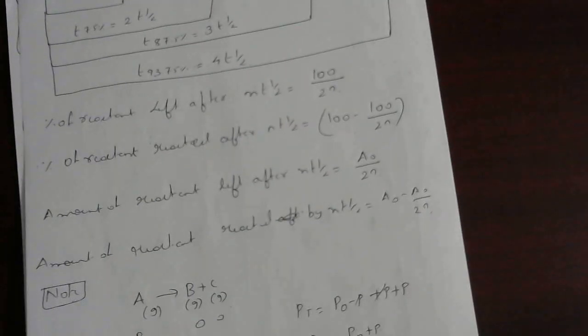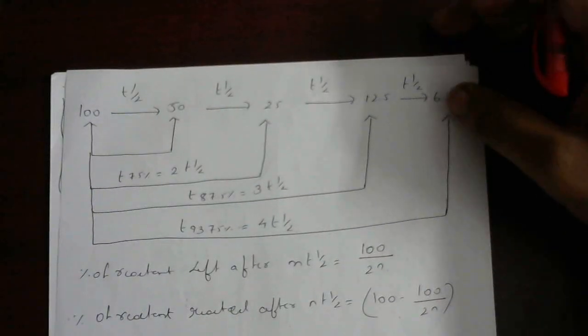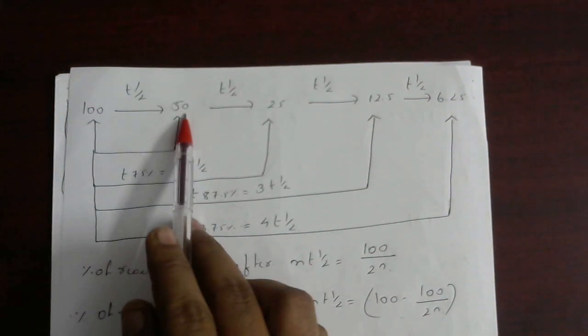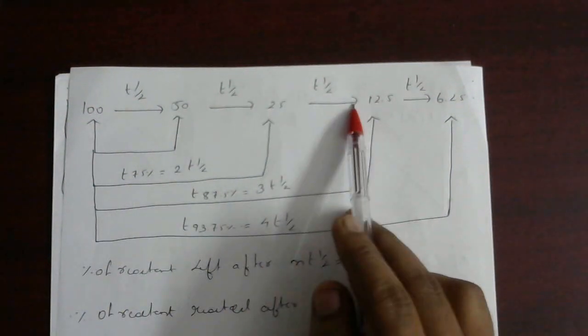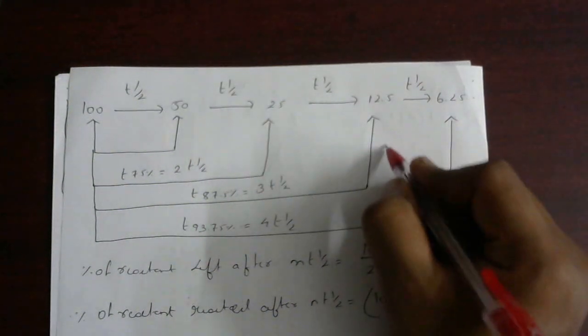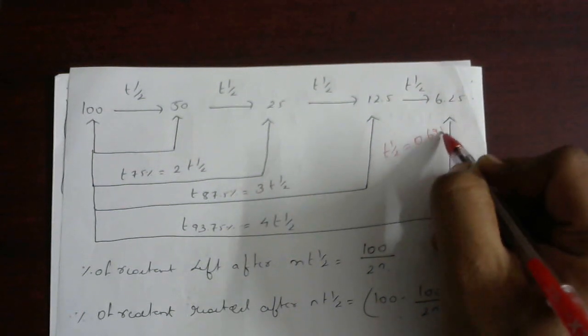The same pattern let me discuss with respect to first order. So 100 going to 50, 25, 12.5, 6.25, and here what you have got, t half equal to 0.693 divided by k.